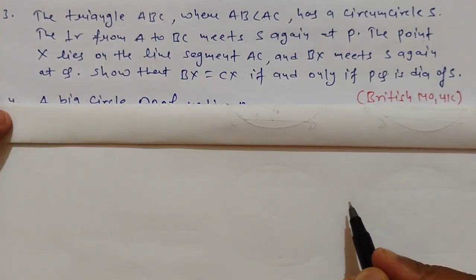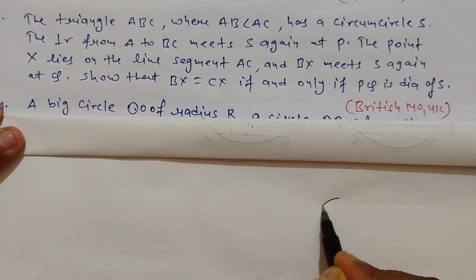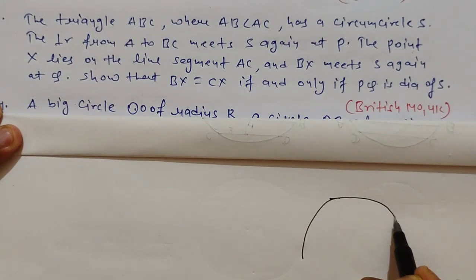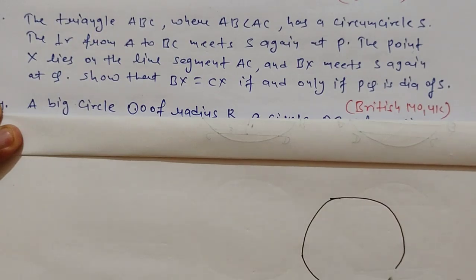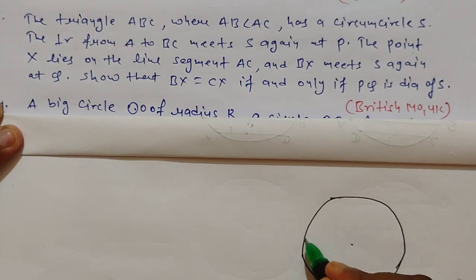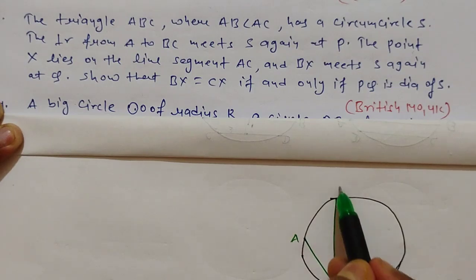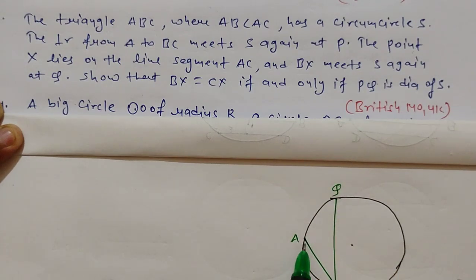So we are constructing a circle, and here the chord AB, QB, AP.